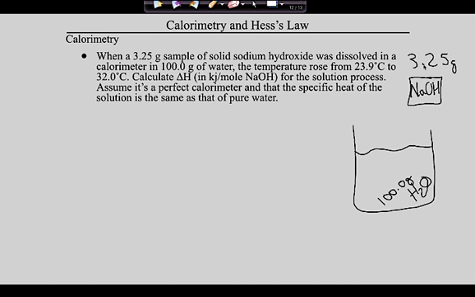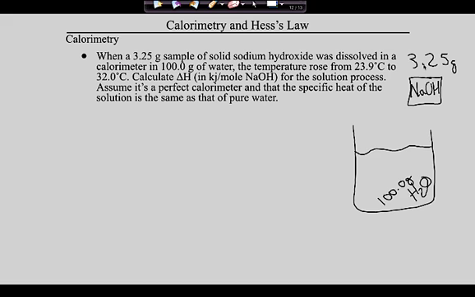So now let's talk. Did the water gain or lose energy? How do you know? Temperature went up. It went from 23 to 32. So guys, think about it this way. Watch my hands if it's helpful. So we've got system, we've got surroundings. System is the sodium hydroxide, surroundings is the water. So what happened to the energy of the surroundings? Went up.